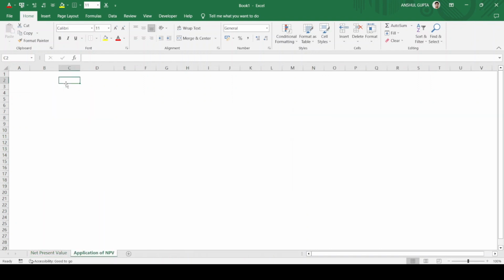As I just mentioned, NPV is basically used to analyze whether you should accept or reject the project. So basically in NPV, there are two possibilities. The first one is NPV is positive.